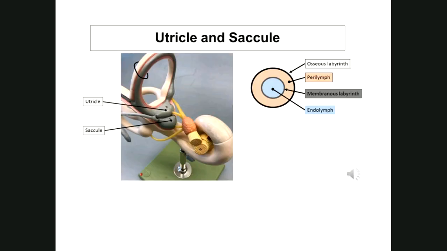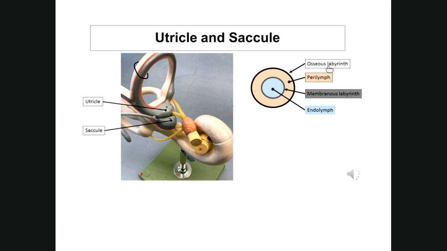Okay, well, I got this picture here. This is one I was looking for in lecture in the Q&A today. But you see right here where I have this little black circle. If you cut across, you got a cross section of this loop structure here called a semicircular canal. It's going to be the same wherever you cut it on this inner ear. There's an outer osseous labyrinth.